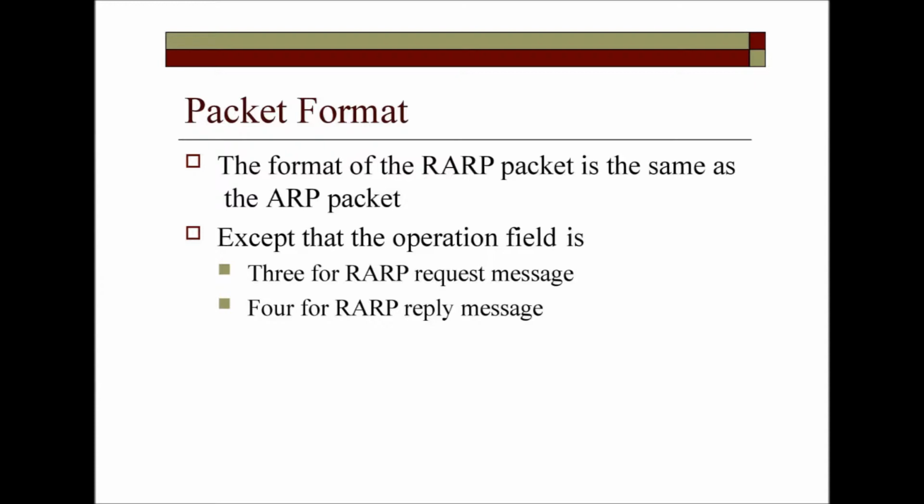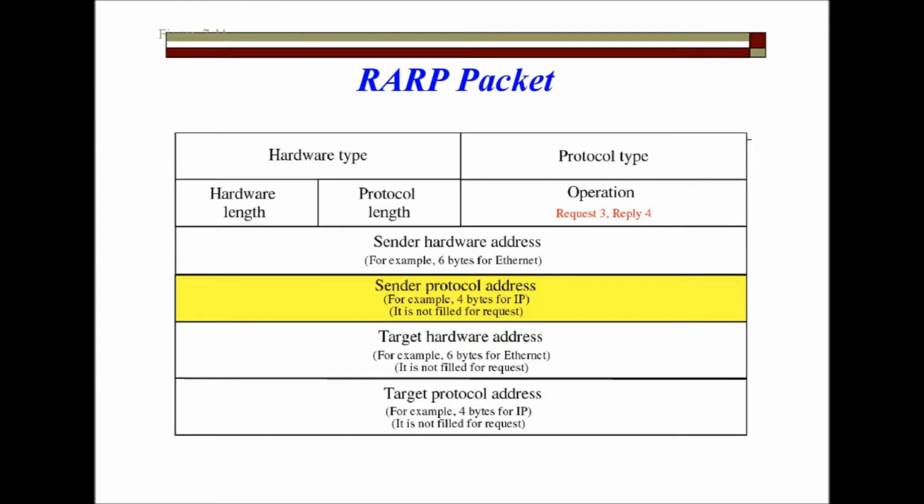So over here we will also discuss the different fields of our RARP packet in detail. Reverse ARP packet format. There are some fields in the packet format. We will discuss all these fields over here.